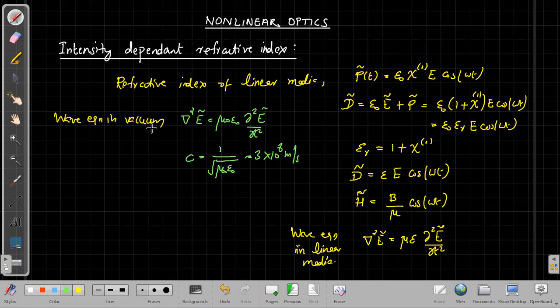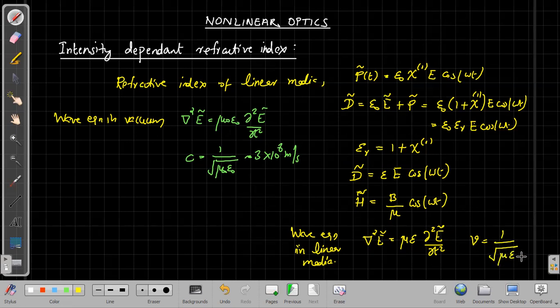If we compare the wave equation in vacuum and in linear media, the only difference is that mu 0 is replaced with mu, and epsilon 0 is replaced with epsilon. Then what would be the speed of the electromagnetic wave in the linear media? V equals 1 by square root of mu times epsilon.